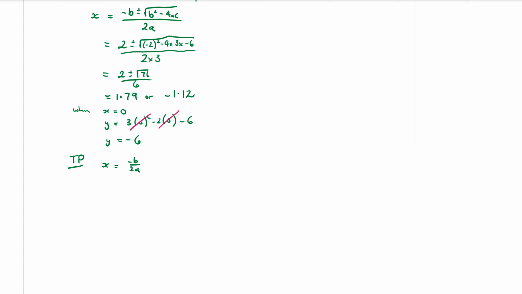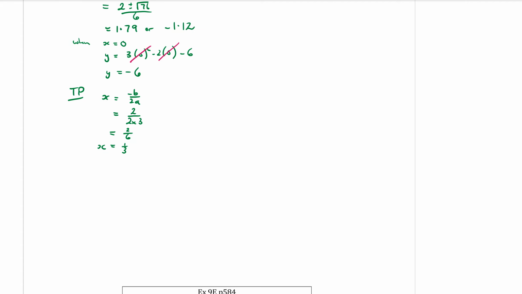That's our turning point formula. Subbing in, b is minus 2, so minus minus makes a plus 2 over 2 times a, which is 3. So 2 over 6, which simplifies to a third. X is equal to a third is the axis of symmetry.